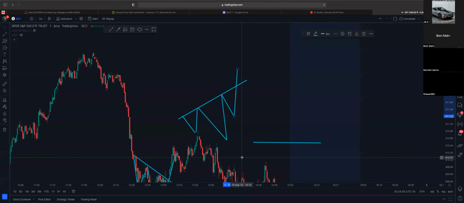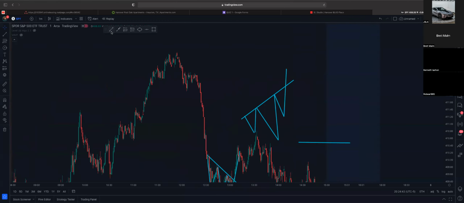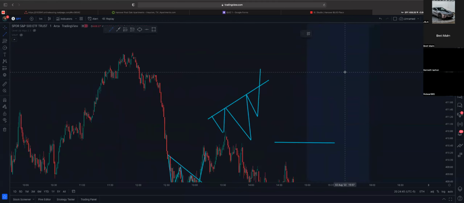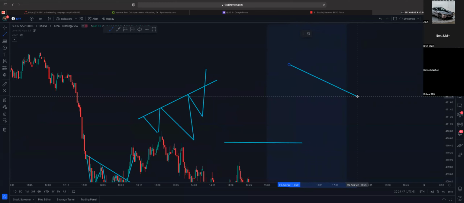We have an advanced class coming up after our stop loss class where you will start seeing me draw stuff like this. We're not going to go over that today. I want y'all to focus first on finding them. But we do have times where we have something like this.